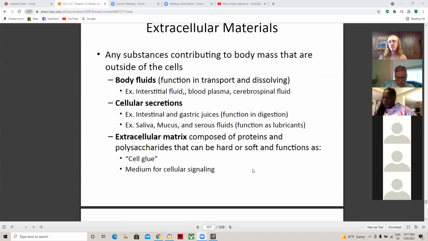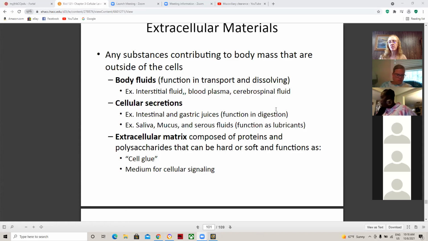Some extracellular material. So now we talked about everything inside the cell. Let's take a second and talk about things that are outside of the cell. Body fluids function in transport and dissolving, such as interstitial fluid, blood plasma, and cerebrospinal fluid.